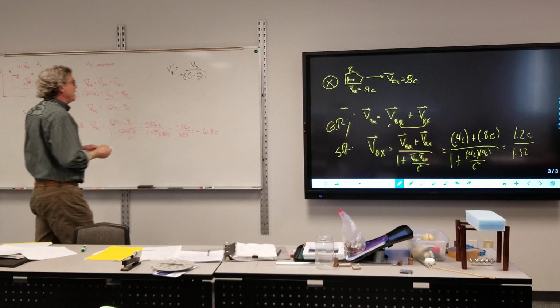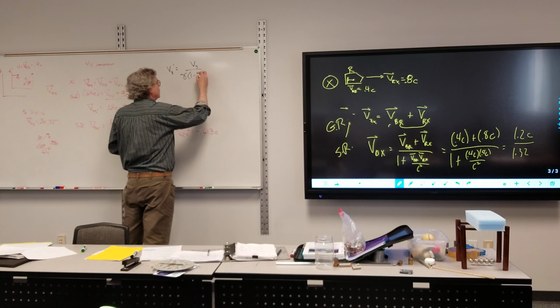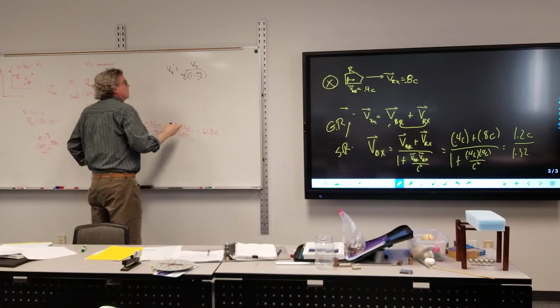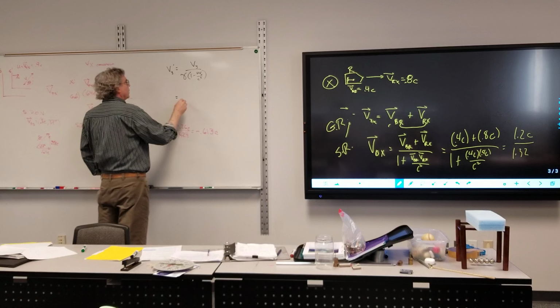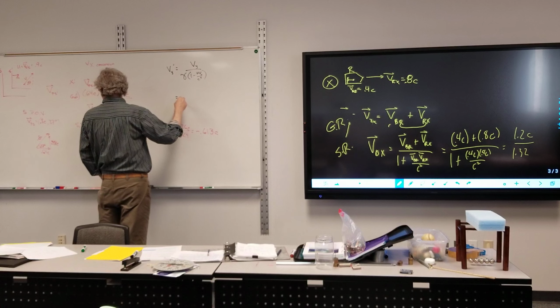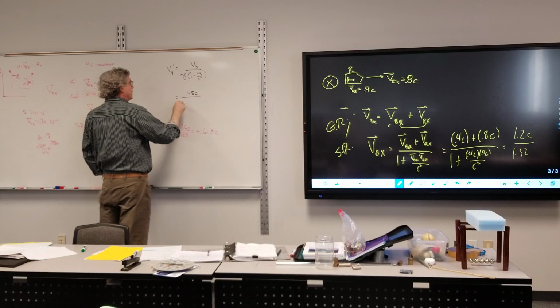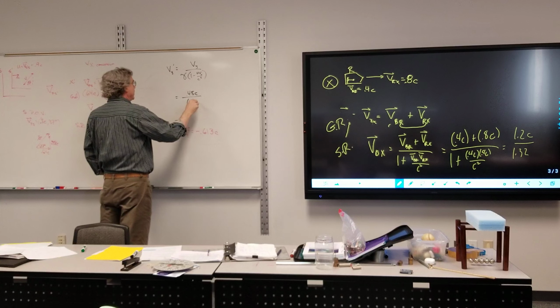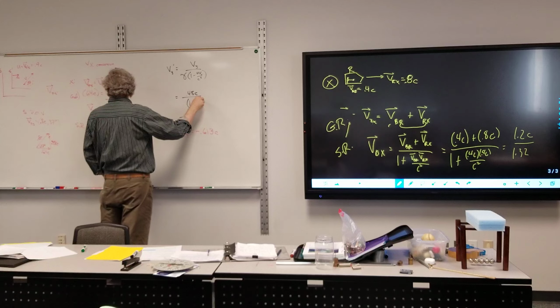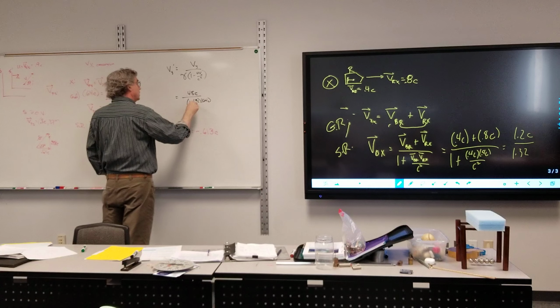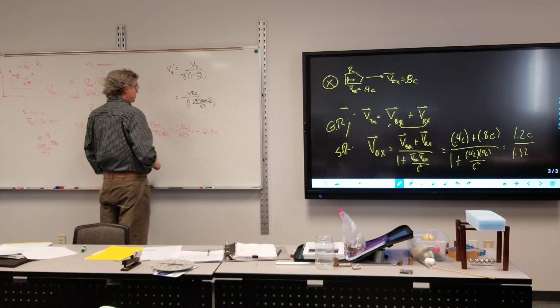The speed in the y direction, we figured out, is 0.48 times the speed of light. Then I got 1 minus 0.9 c times the speed of the particle in the x direction, which is 0.64 c, divided by c squared. And then gamma, gotta figure out gamma.